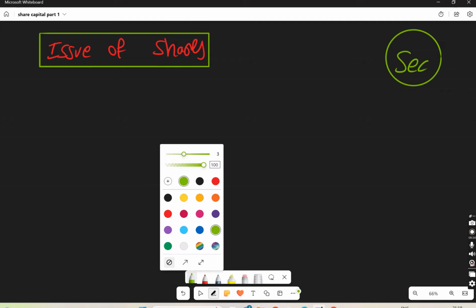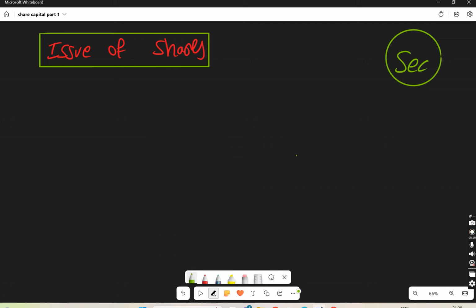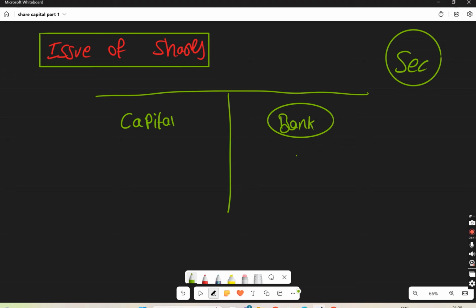The main reason I'm doing this is to get the money. I want capital, and obviously bank balance. If you prepare a balance sheet, 100 rupees capital and 100 rupees bank balance is the starting position of any balance sheet. Let's say I got 100 rupees capital. What do I do with this?